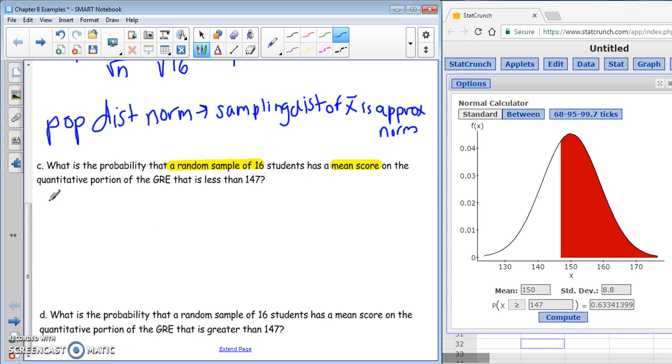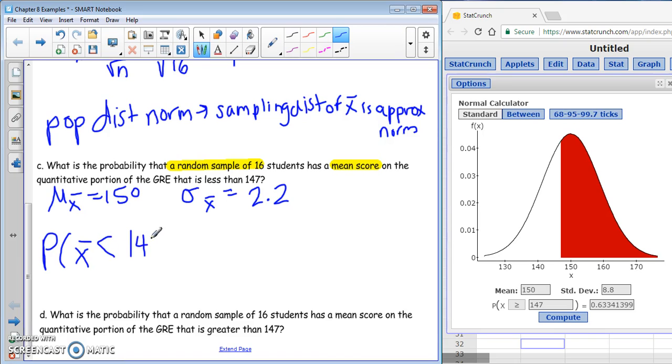So our mean is the mean that we just found, 150, and our standard deviation is the new standard deviation we just found, 2.2. We're looking for the probability that a sample mean from a random sample is less than 147.